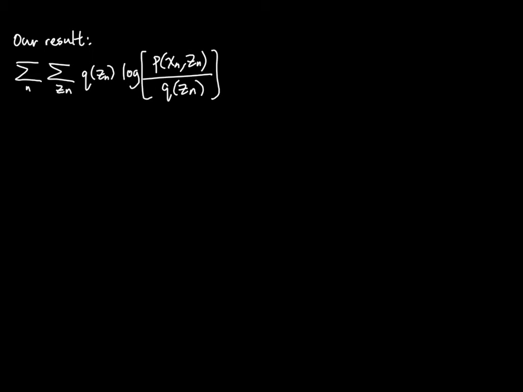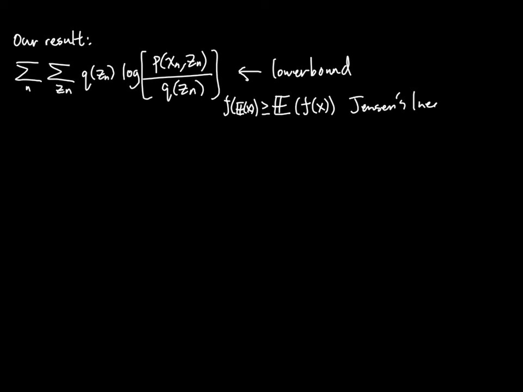So we know that this is a lower bound, right? Because before, Jensen's inequality states that the expected value of f of x is less than or equal to f of the expected value of x. However, now I'm going to introduce another fact that you don't need to prove because it's pretty trivial.